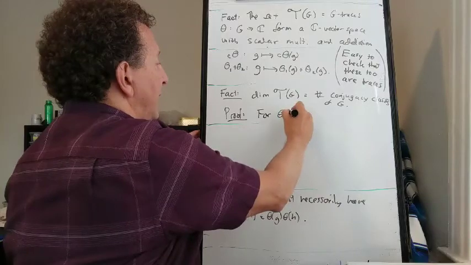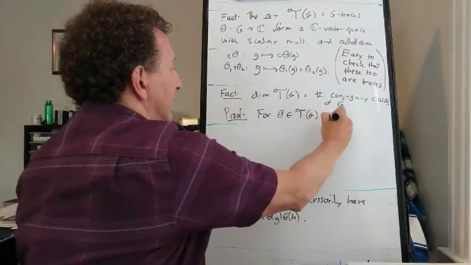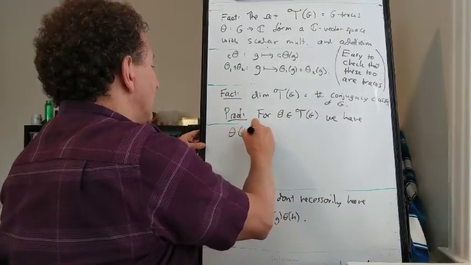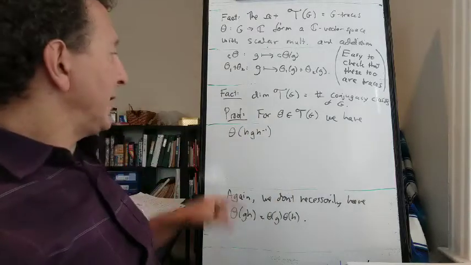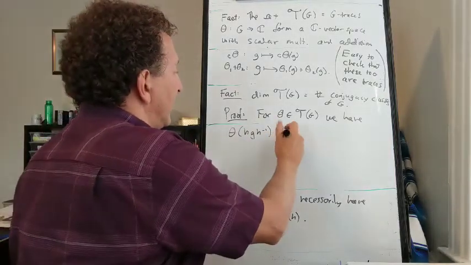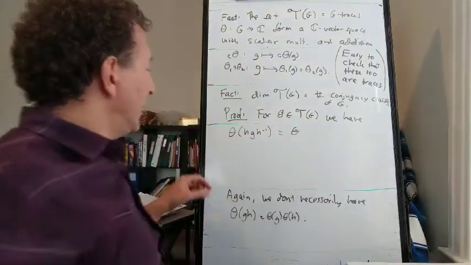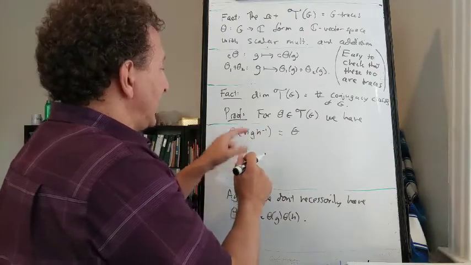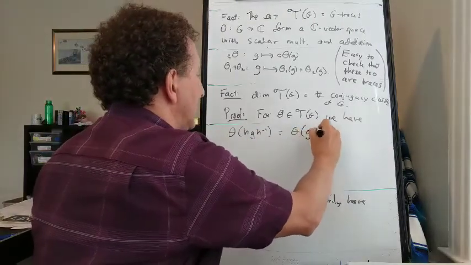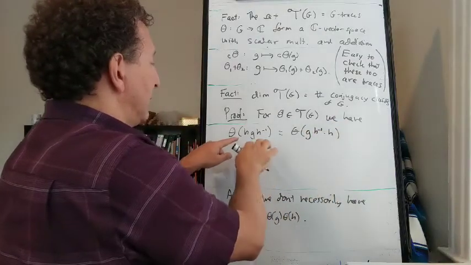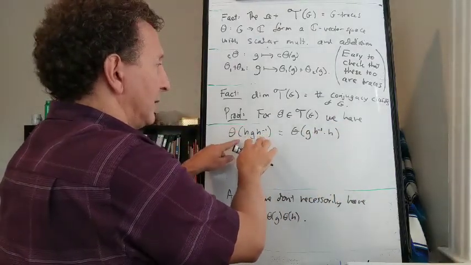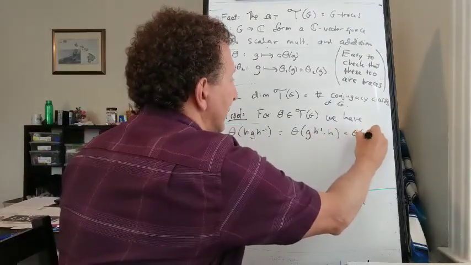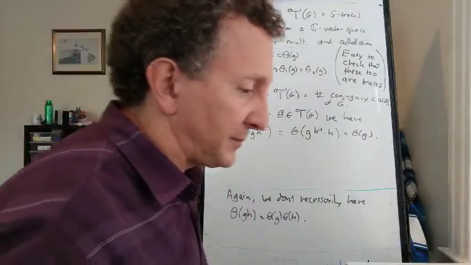So if we have theta, a G trace, and we apply it to HGH inverse, the definition of trace is that we can multiply elements in either order. So like we did with matrices, theta of HGH inverse could be written as theta of GH inverse H by grouping these two elements and then swapping the order. But then that's theta of G. So this has to be constant on conjugacy classes.